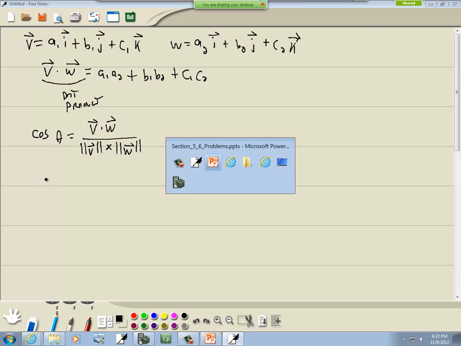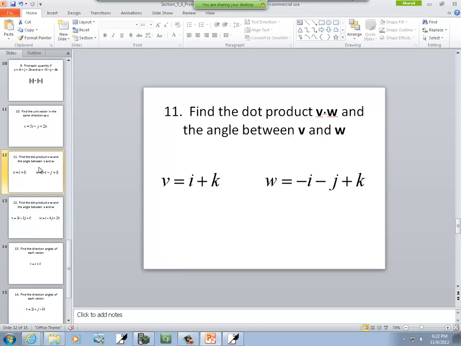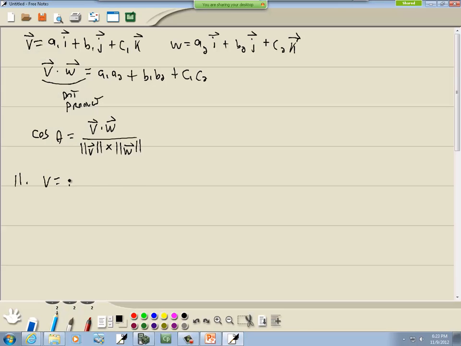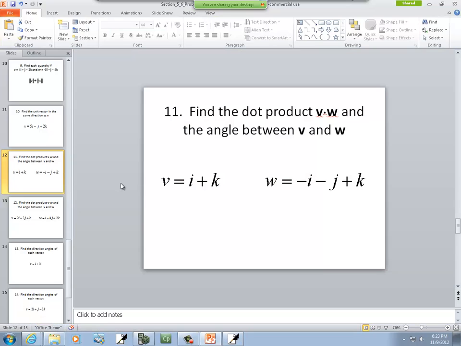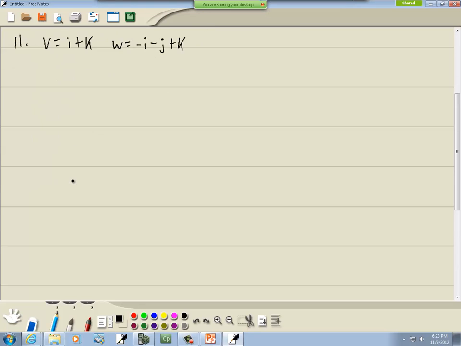Okay, now let's look at our problem. 11. We got V is equal to i plus k, and W is equal to negative i minus j plus k. First thing, our dot product.